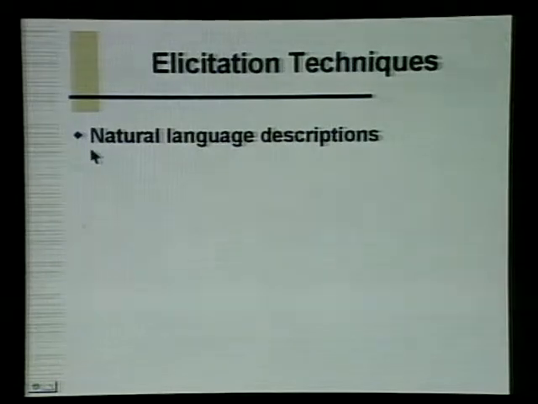Another technique which can be used is natural language descriptions. Generally, these are the operating instructions in writing, where natural language is used to lay out the procedures used in that organization to carry out different activities.